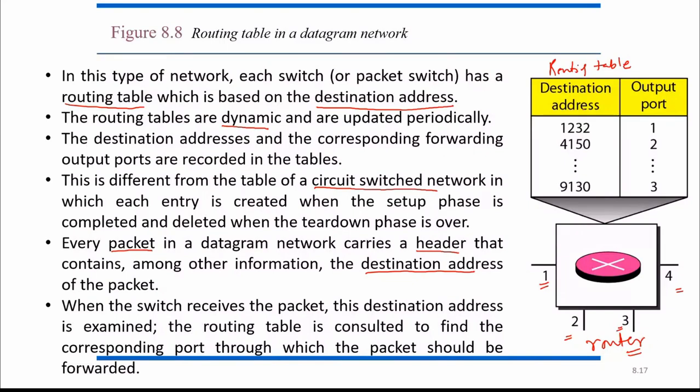When the switch receives the packet, the destination address is examined and the routing table is consulted to find the corresponding port to which the packet should be forwarded. That is done with the help of the routing table.